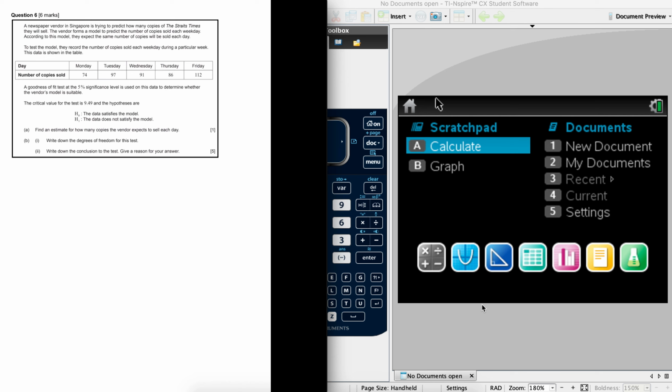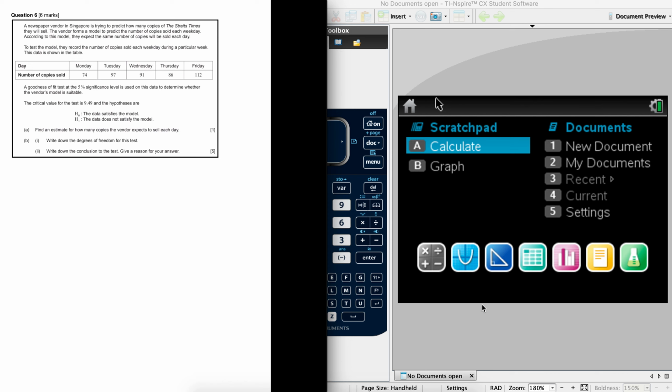For the first part, we're wondering how many they expect to sell each day. It's asking in total how many were there, and if I divided them equally into the 5, how many would that be per day? So it's essentially finding the mean.